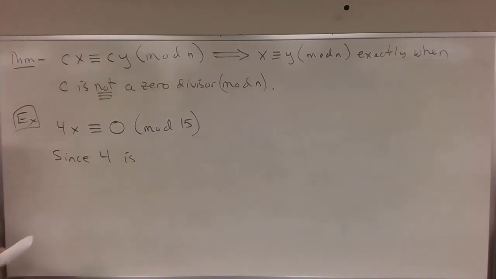No, there isn't. So 4 is not a zero divisor mod 15.